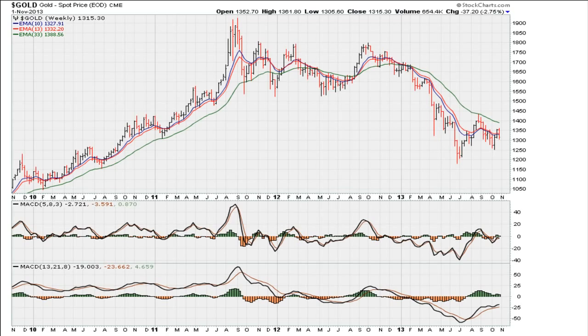I also noticed that if you take a look at this movement here, it was uniform. So this here was a sell signal, March of 2012, which is this break here. That also coincides with this eventual move below zero, another sell signal. Let me go back and explain something here.